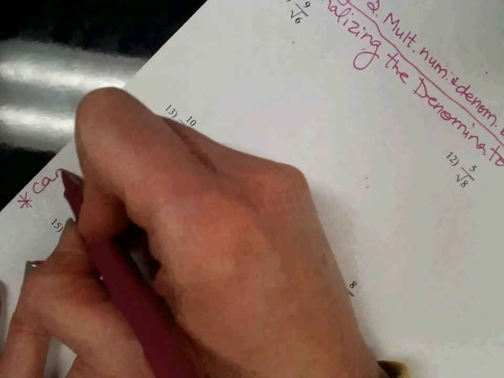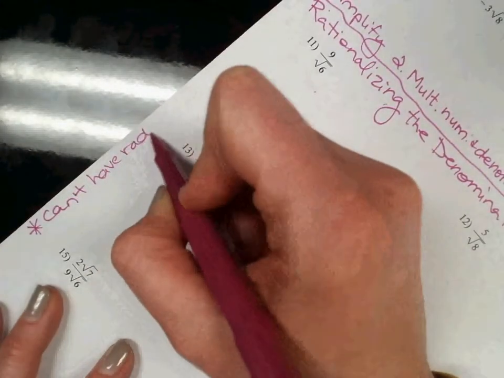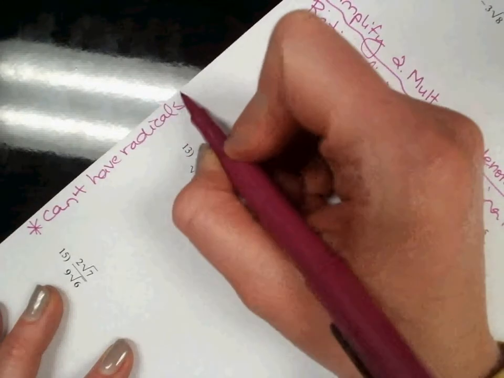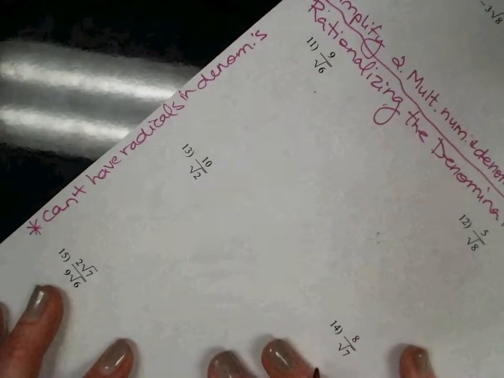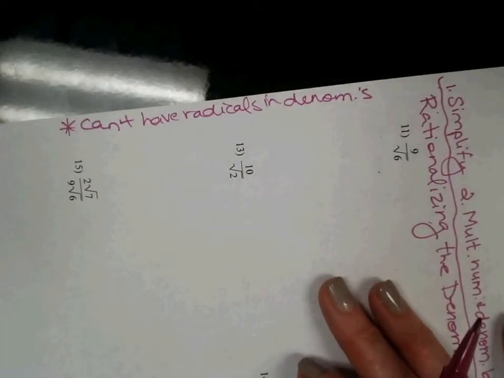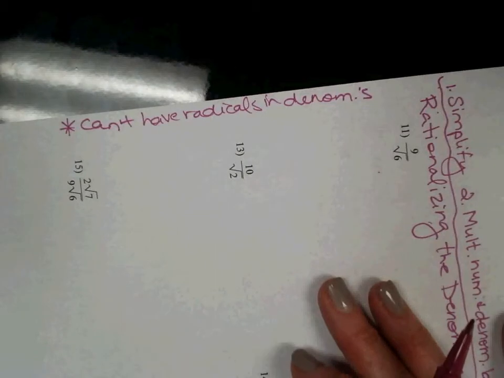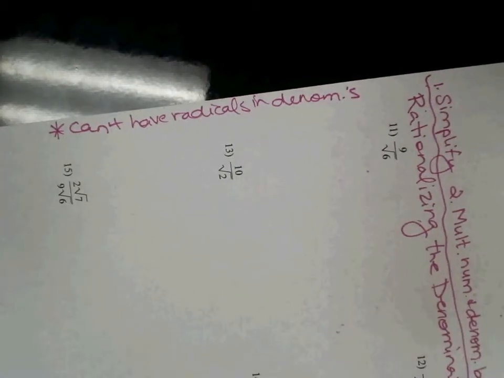Okay? So let's write that. In order to be simplified, you cannot have a radical in the denominator.